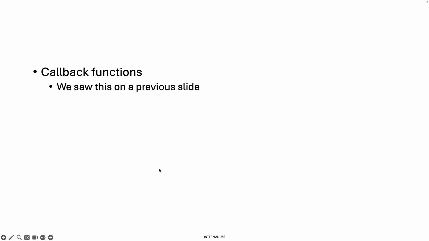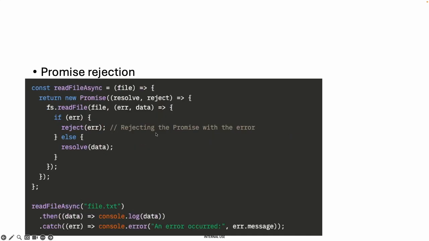Another way is to use callback functions. So this is kind of like what we saw in the previous slide, a callback function here. So the read file, this would be the callback here. This error and data arguments are a function call. This would be the callback function. Now here, we're not really using it.